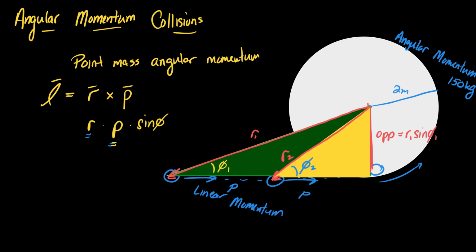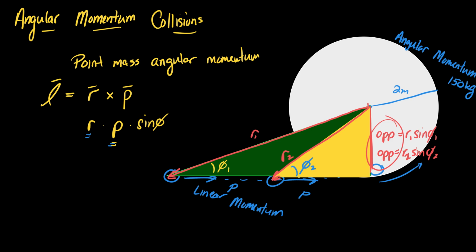Is it pretty clear that that's still got to be the same opposite side? So in this circumstance, the opposite side is R2 sine phi2, but they equal the same thing. Does that prove to you now that R is changing in the same proportion as sine phi is changing?